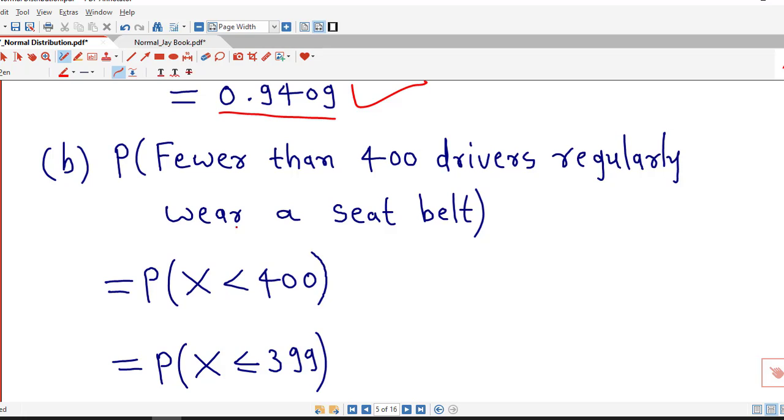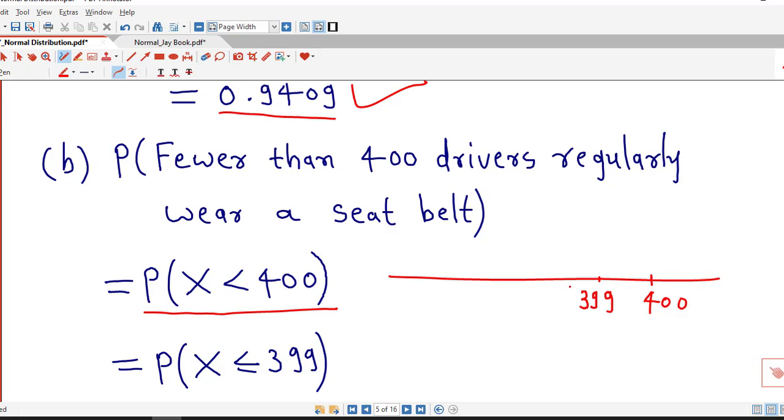The second part is the probability that fewer than 400 drivers regularly wear a seat belt. That means we have to find the probability that capital X is less than 400. But capital X is a binomial random variable, so it is a discrete random variable. So the probability that capital X is less than 400 means these are the possible values of X: 399, 398, 397 and so on. So X can take only discrete values.